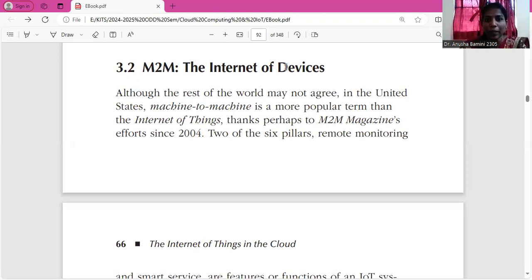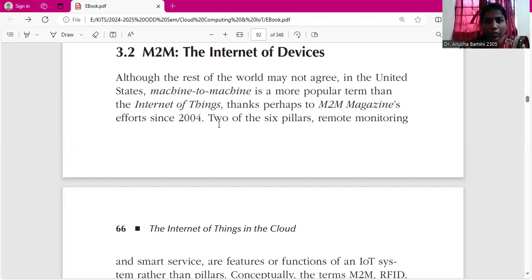So M2M, the Internet of Devices. It's machine to machine. It's a popular term used in IoT applications, Internet of Things applications. The M2M concept started from the year 2004 onwards.